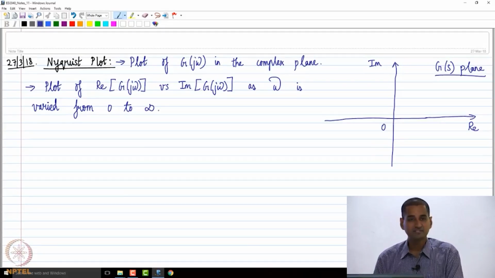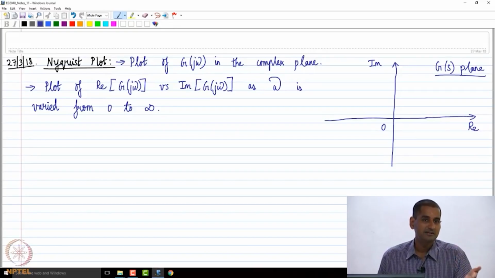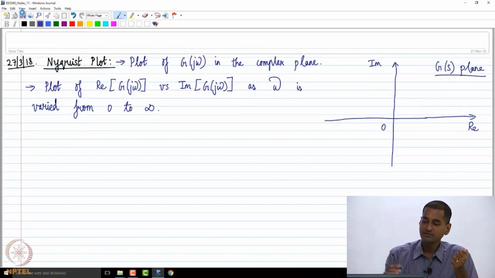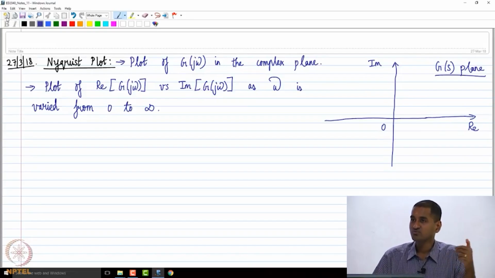So as we vary omega from low frequencies to high frequencies, what happens to the real part and the imaginary part? What is the application of this Nyquist plot? How do you use it in practice? We are going to see how the Nyquist plot can be used for stability analysis and even control design.